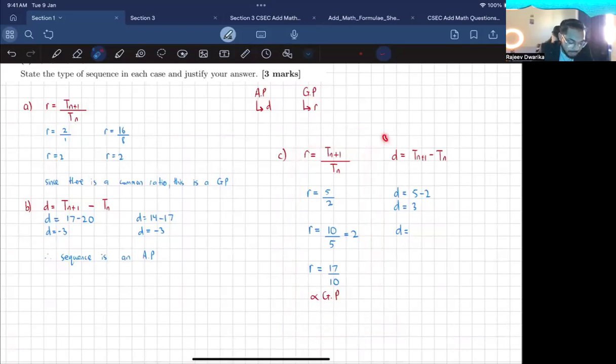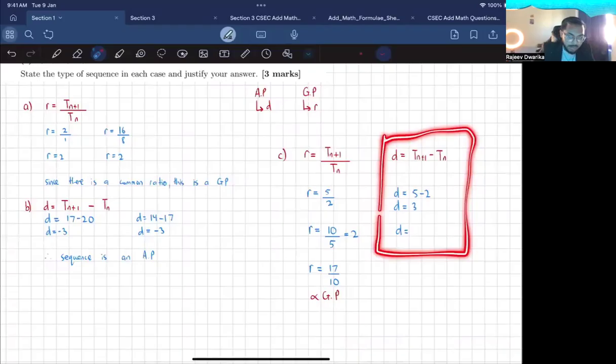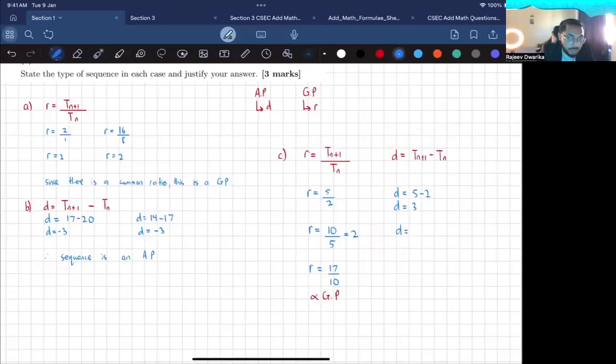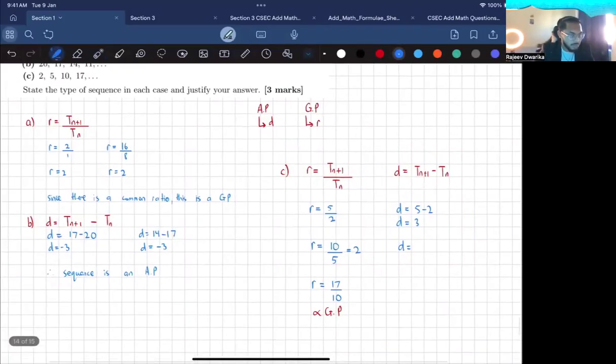Now we're testing if it's an AP, which just deals with subtraction. 10 minus 5 is 5. Give me another pair. 17 minus 10. Is the difference the same throughout? No, so it can't be an AP.